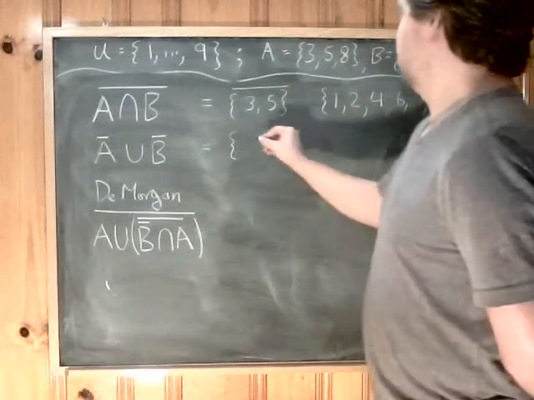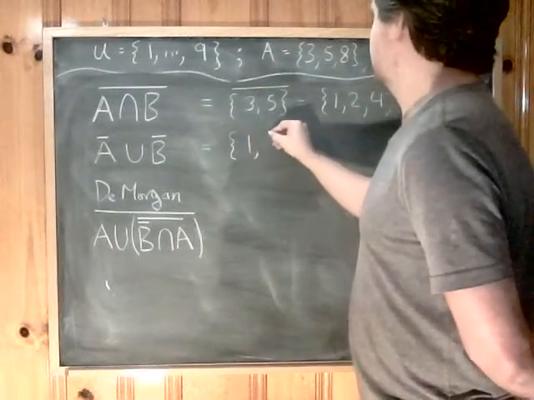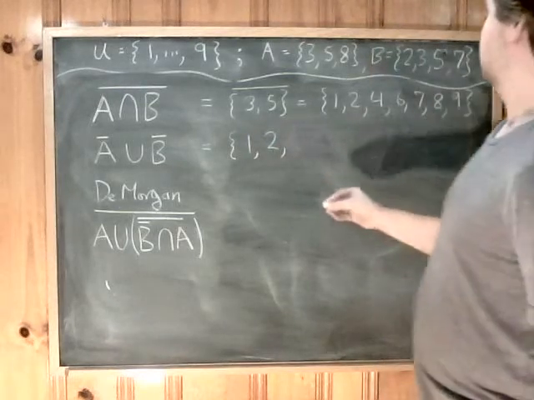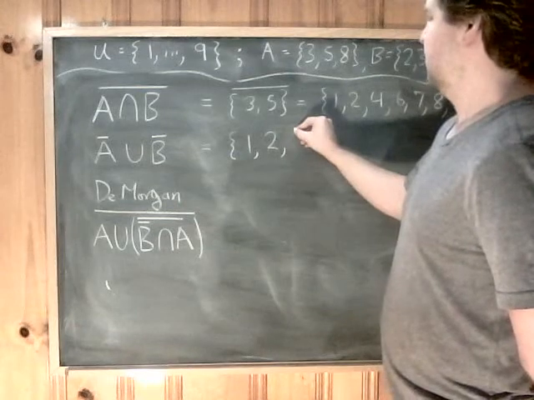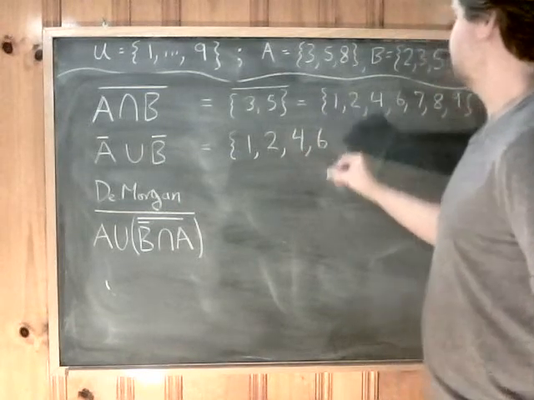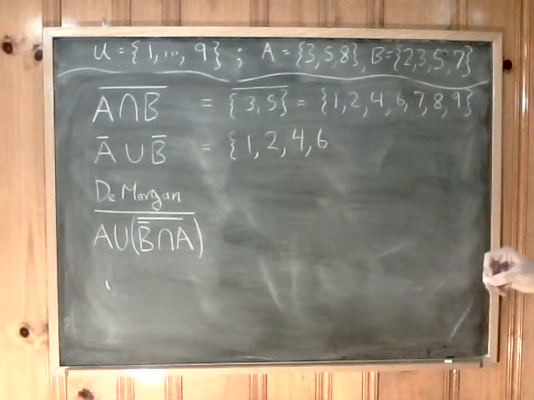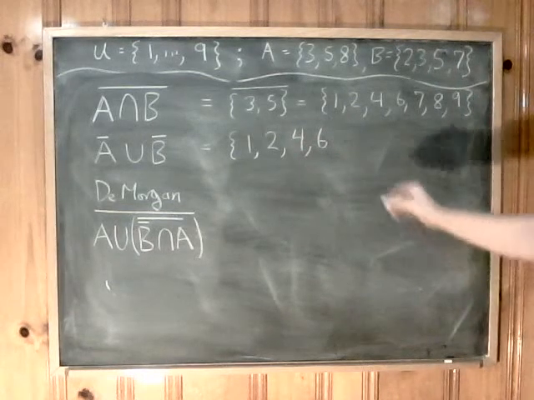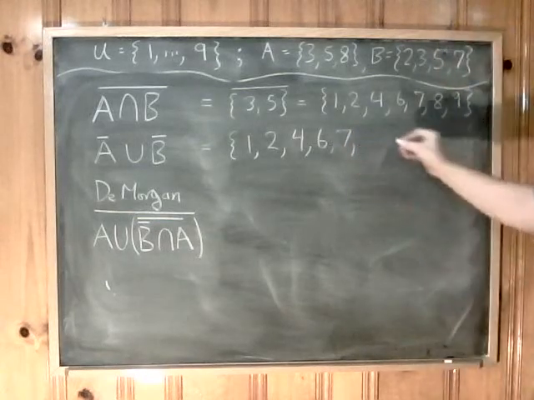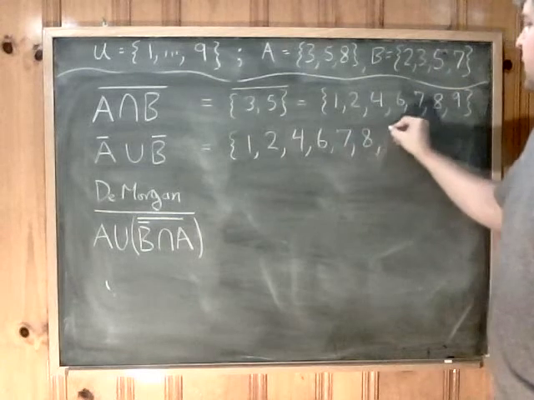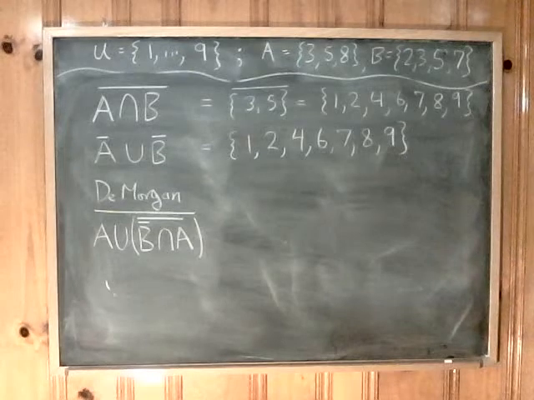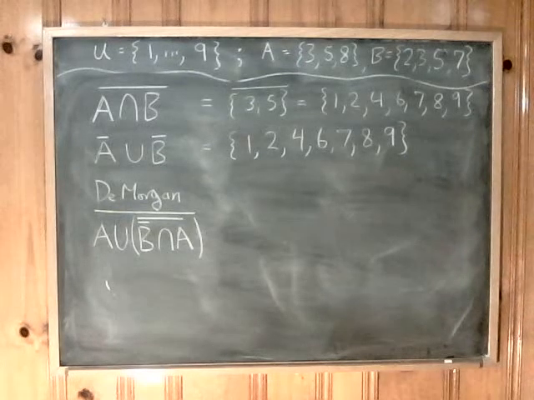We see 1, 2, both of those are not in A. 3 is in both, so we can't keep that, but 4, 6, also not in A. 7, 8 is not in B, so I keep that, and 9. Yep, got exactly the same answer for both of those.